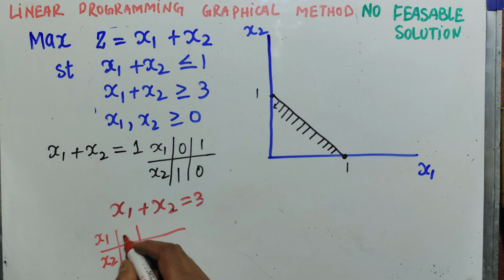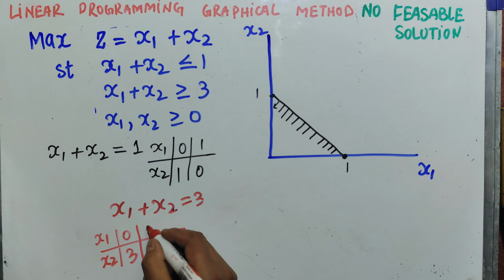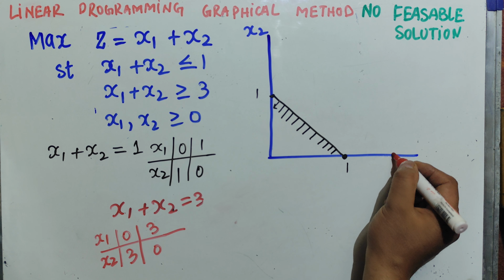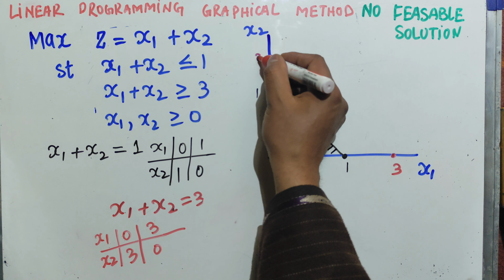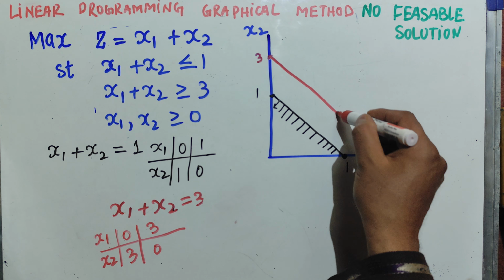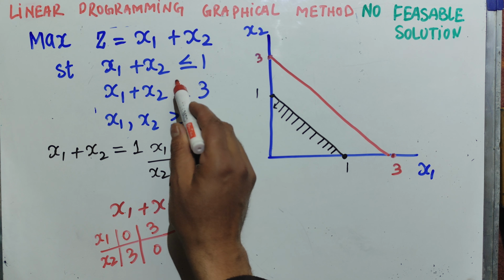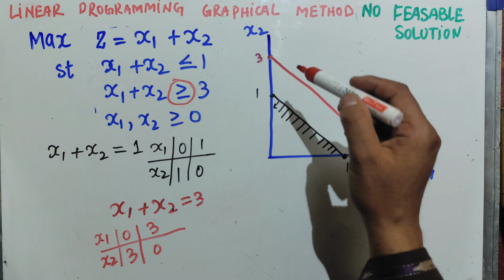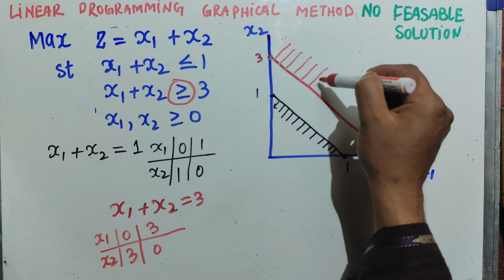So when x1 is equal to 0, x2 is equal to 3, and when x2 is equal to 0, x1 is equal to 3. So we have, let us say this is 3 here, this is 3 here, so we have this very line. Now since we have greater or equal to sign, that means we need to shade the above region.